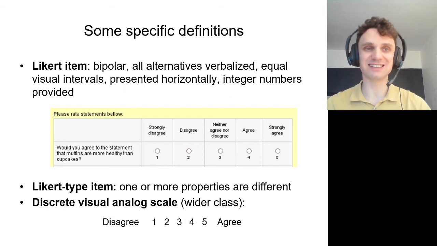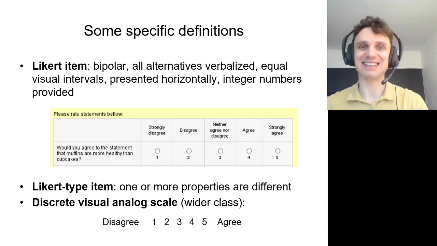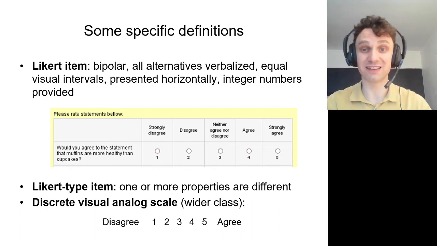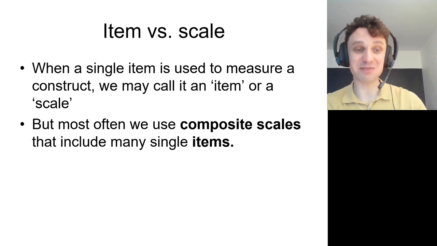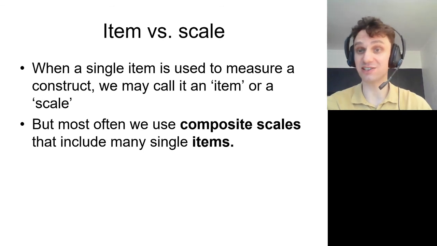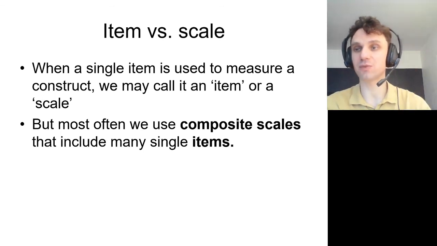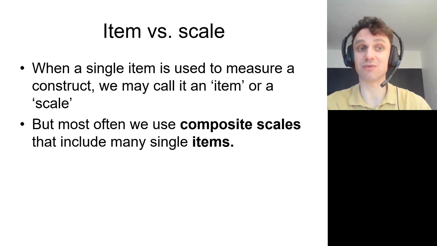So this was about measuring some subjective properties with questions. Of course, sometimes we use just one question to measure a construct. Like, for example, in the Gallup World Poll, they measure well-being with just one satisfaction question.